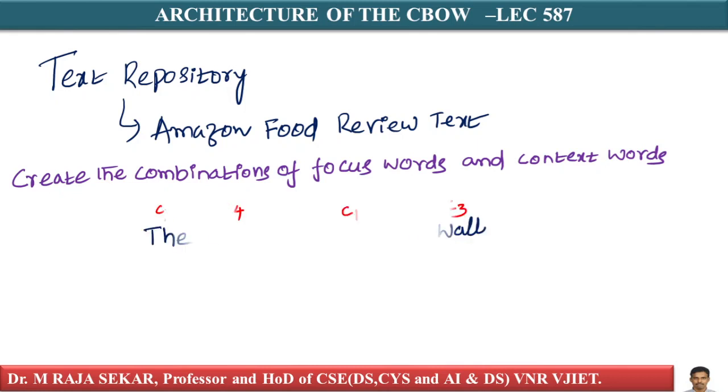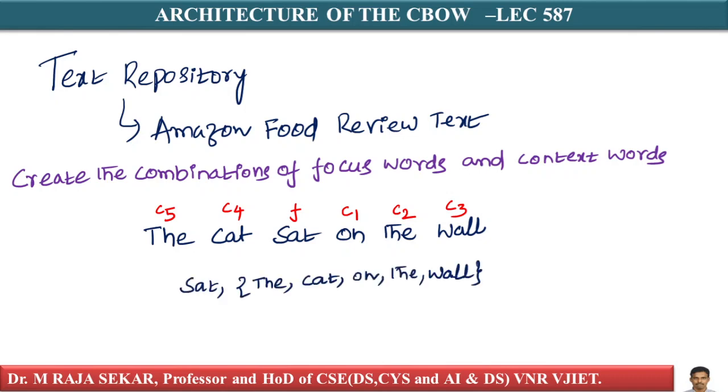For example, take the same sentence which we discussed. What is my focus word here? Sat. And what are the context words? The cat on the wall. If my focus word is sat, my context words are the cat on the wall.